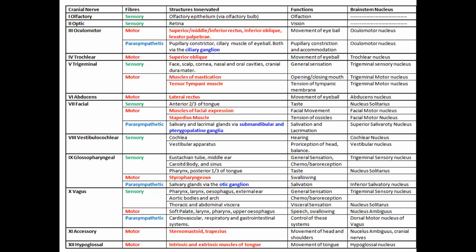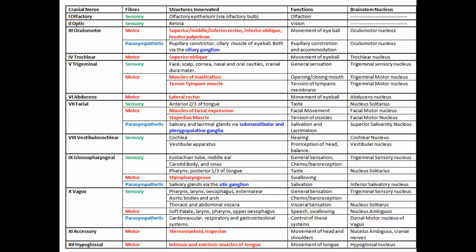And also, I want to emphasize the column and the brainstem nucleus, right? So when you look at it, the first and second cranial nerves come directly from the brain. Okay, it's not from the brainstem.